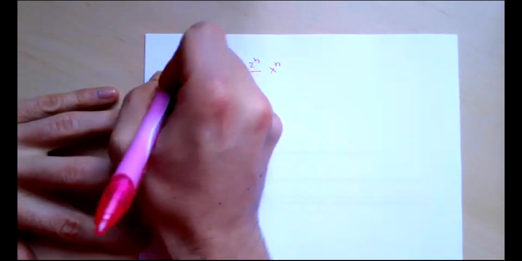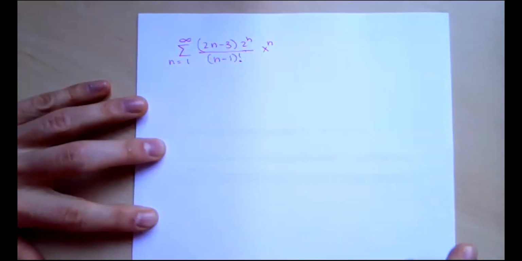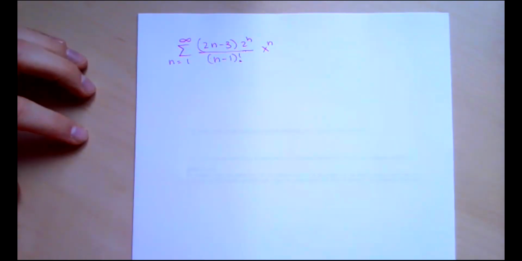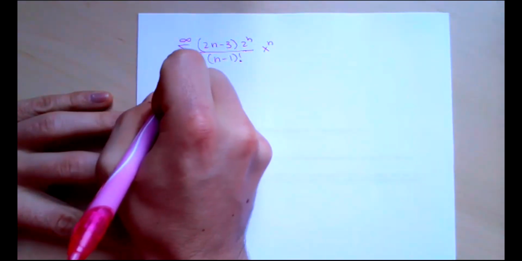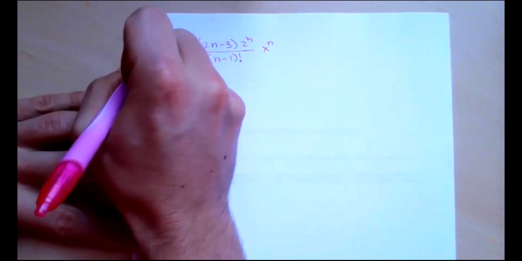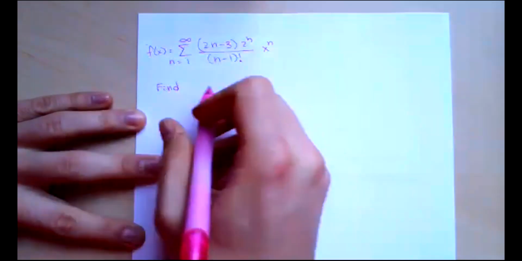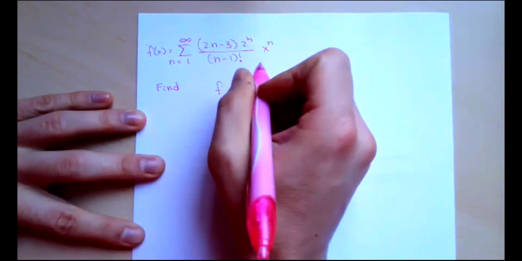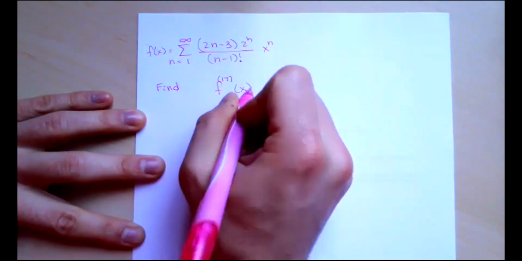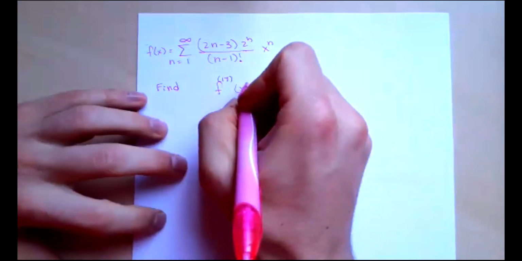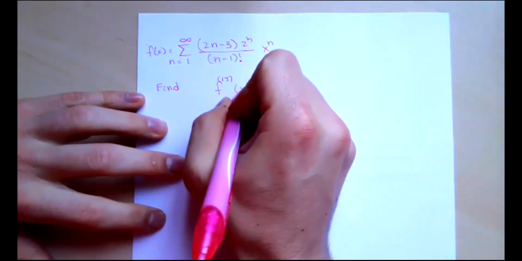And n starts at 1 to infinity. Something like that. And let's say I say find, so if this is my function, the 17th derivative at x equals 0.